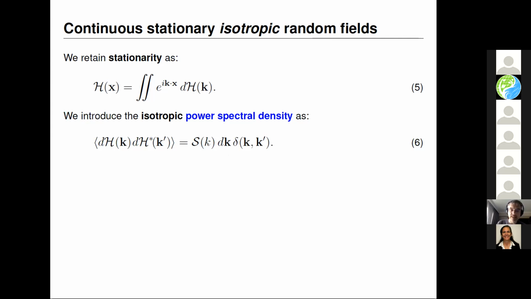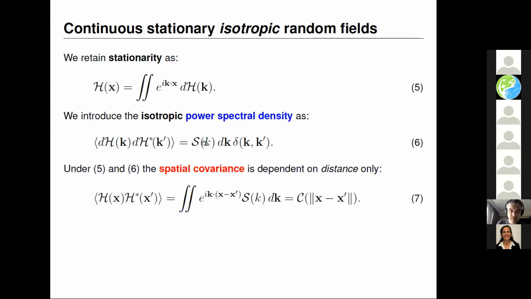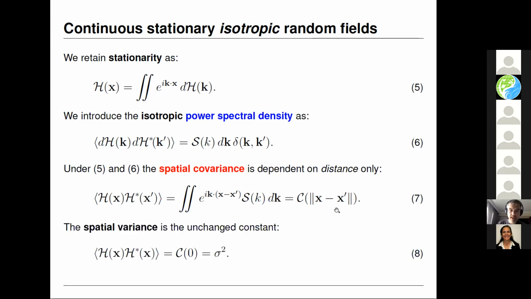And then we're having this as the thing that we want to know. And then under the same combination here, that means that the covariance in space, our little c here, is dependent on distance only. So that's the norm of the separation vector. And then, of course, the spatial variance hasn't changed. That's just a pointwise thing here at 0 lag.